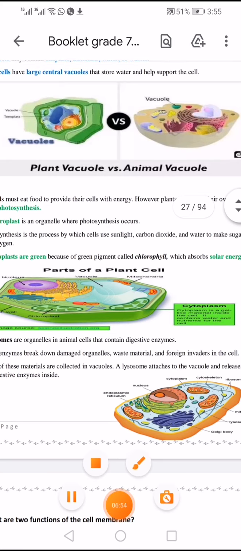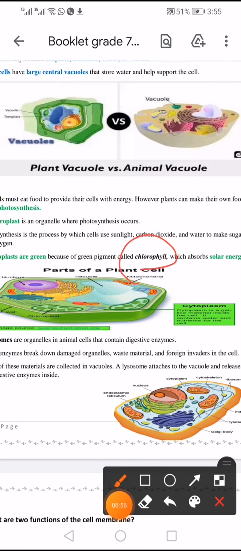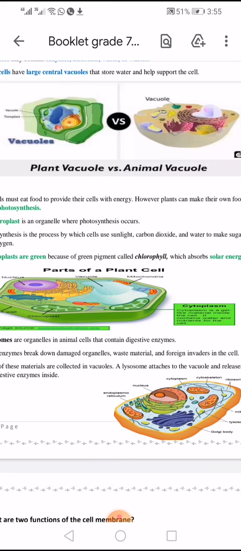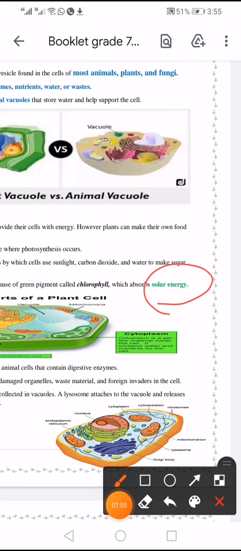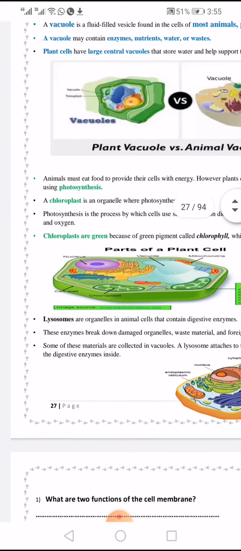This green pigment is called what? Chlorophyll. The importance of chlorophyll is to absorb sunlight, or solar energy. So chlorophyll, the green pigment, is very important to absorb sunlight.